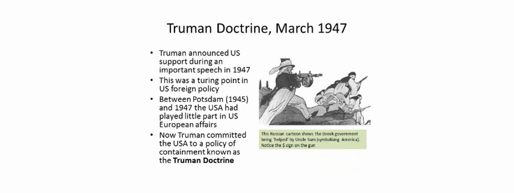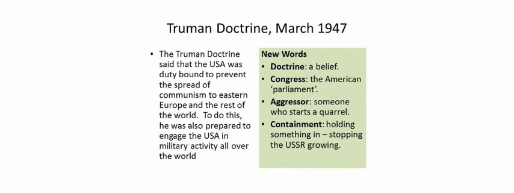We can't fight that, it's not worth fighting it. But we can stop it from going any further. Contain its growth. Contain how much it's grown. So this becomes solved by Truman for the idea that the USA is bound by duty, by democracy and freedom, to keep people from the spread of communist Eastern Europe.